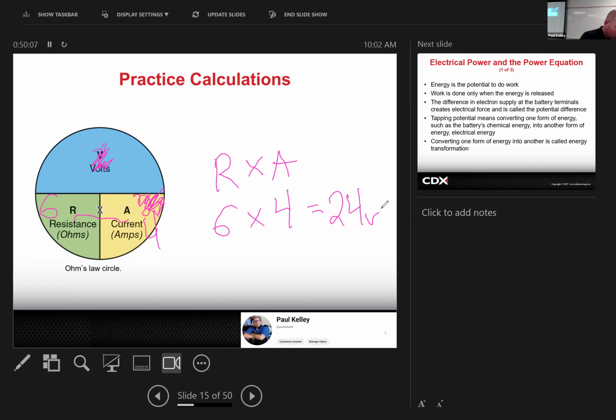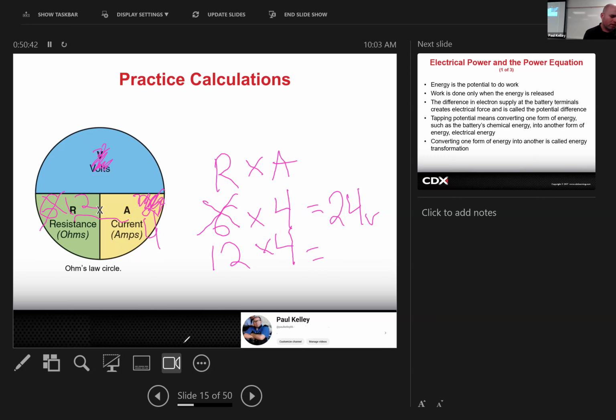Now, let's just see if you guys are tracking with me well. What if I were to take that and I were to say, you know what? I no longer have 6 ohms. I'm going to make it 12 ohms, but we still have 4 amps. I'm sorry, I did that different. R times A. Yes, that's correct.